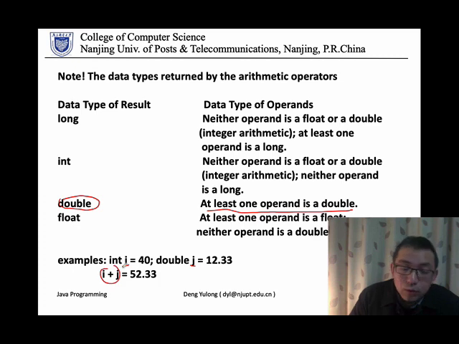We look at the list to tell us the return type. The return type should be double because one of the two operands is a double. Here j is a double, so for i plus j, the return type is a double.